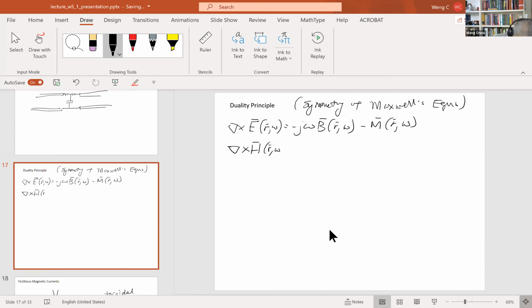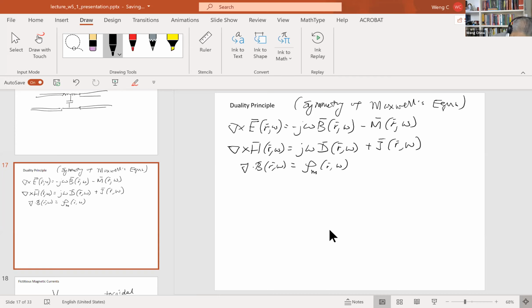I'm writing these equations in the frequency domain. And then the third one is divergence of B equals rho sub m of r and omega. I can also put in divergence of B of r and omega here as well.